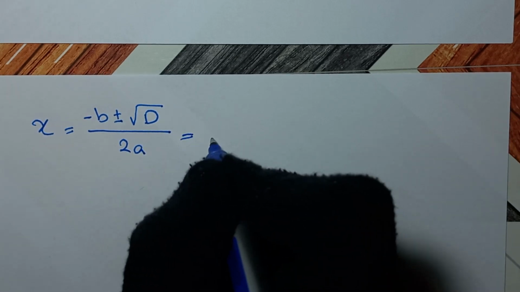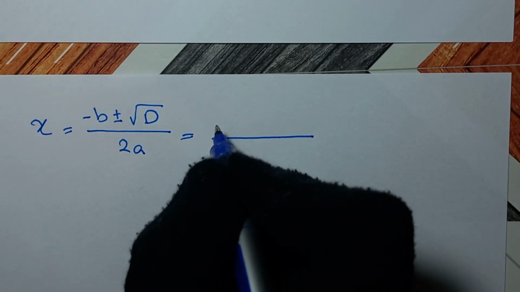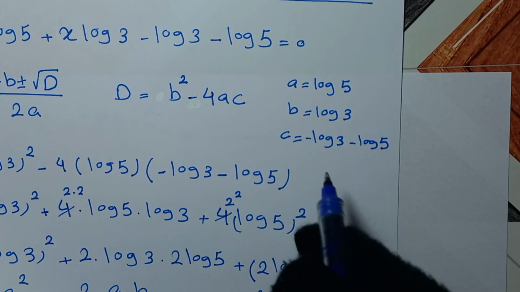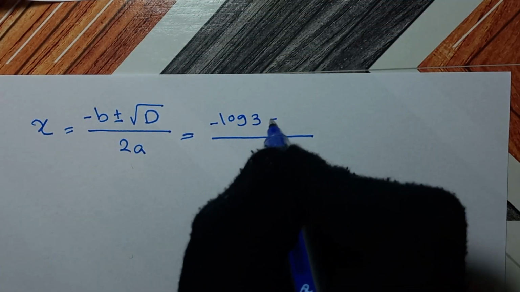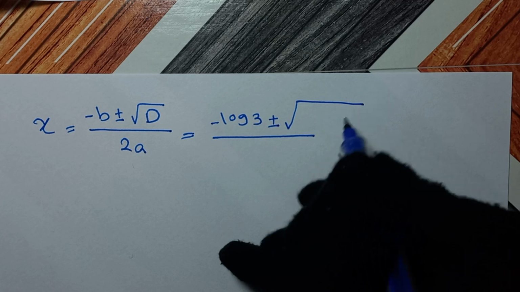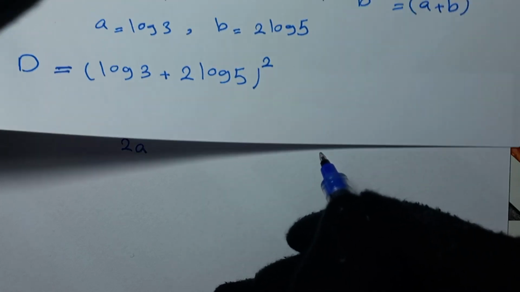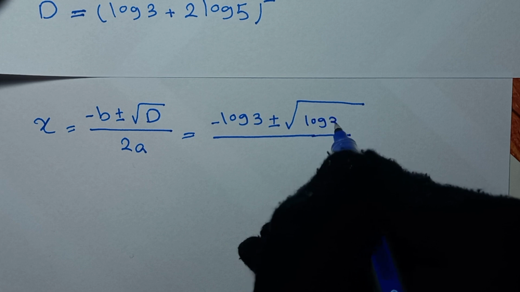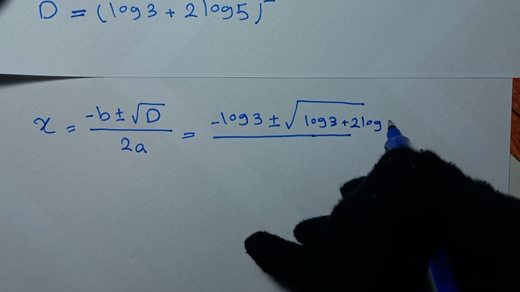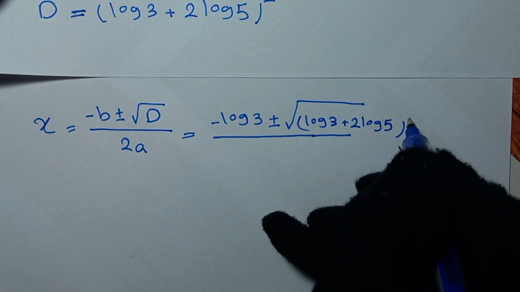And it will be negative b. From here, b is log 3, right? So it will be negative log 3 plus or minus square root of discriminant. And discriminant is (log 3 plus 2 log 5) to power of 2.